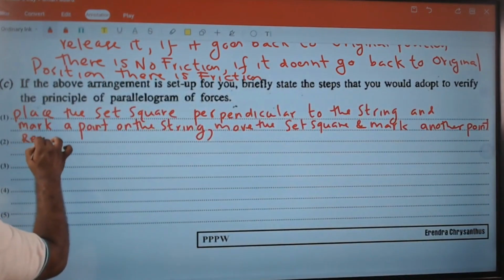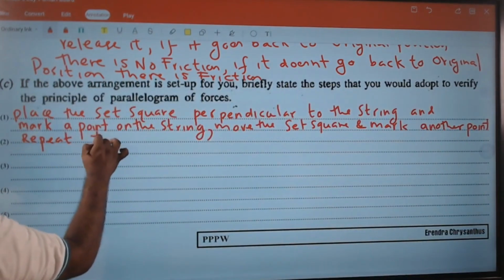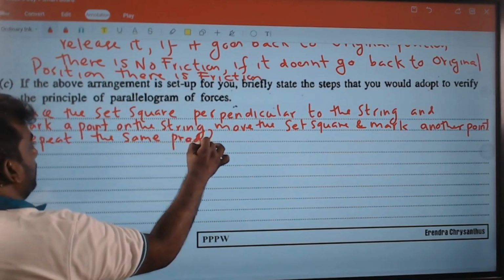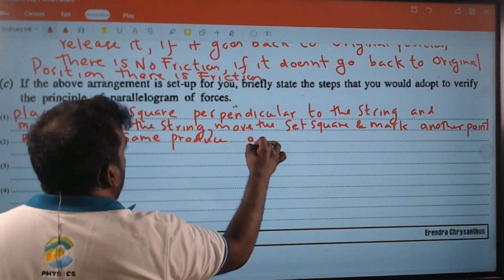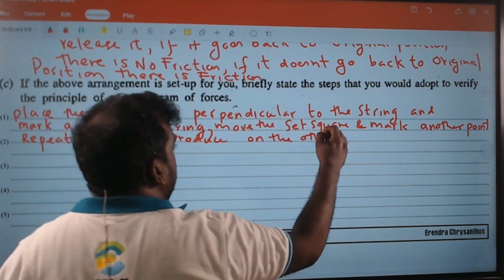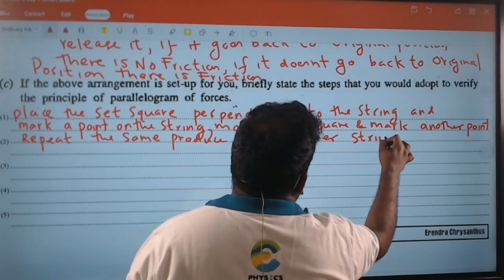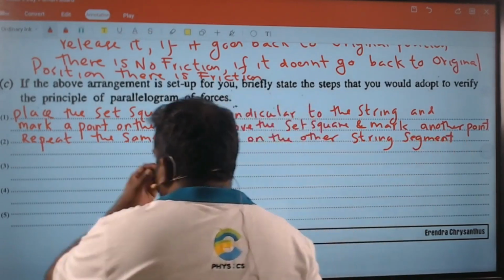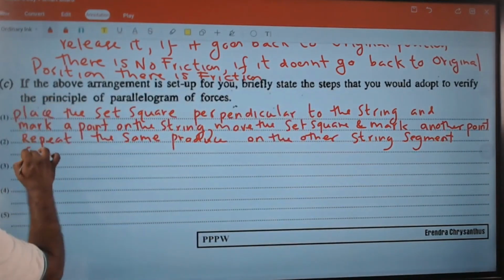Repeat the same procedure on the other string segment as well.